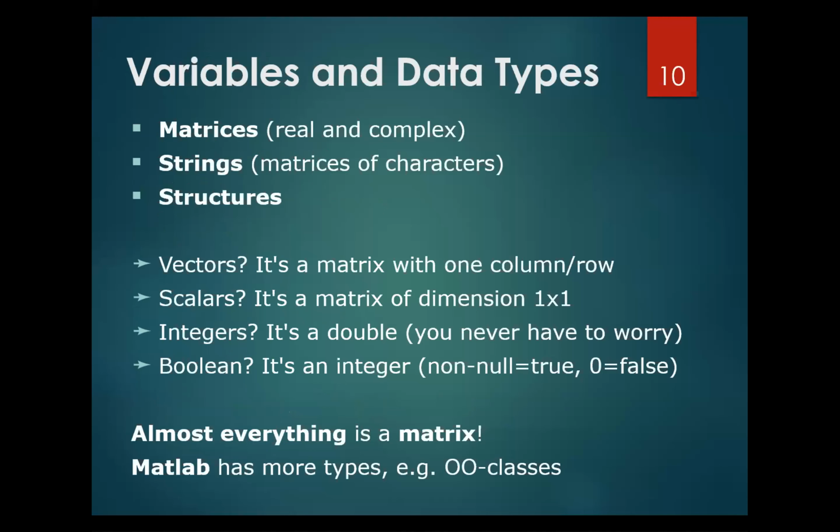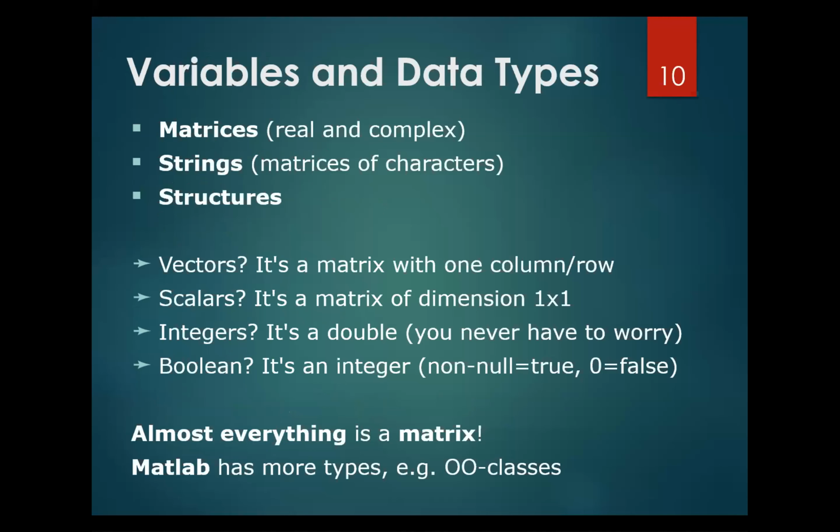We have the matrix, we have the string, and then we have structures. Now, a matrix can be a real number or it can be a complex number. String is a matrix of characters.